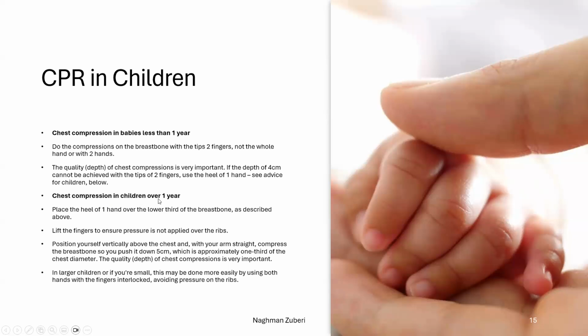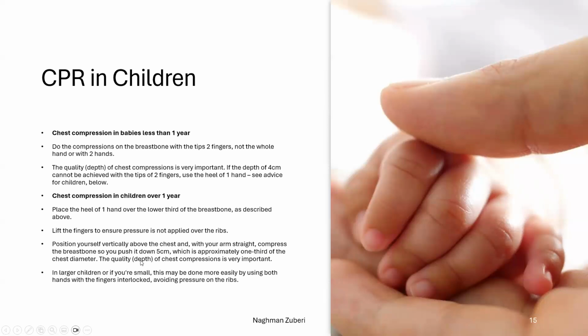Chest compression in children who are above 1 year. Place the heel of 1 hand over the lower third of the breastbone as described above. Lift the fingers to ensure pressure is not applied over the ribs. Position yourself vertically above the chest and with your arm straight, compress the breastbone so you push it down 5 centimeters, which is approximately one third of the chest diameter.